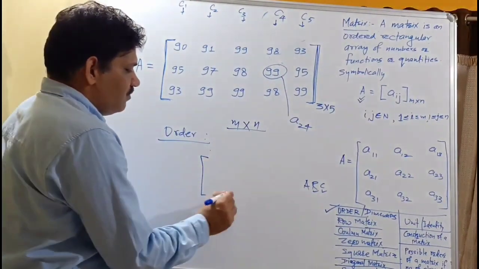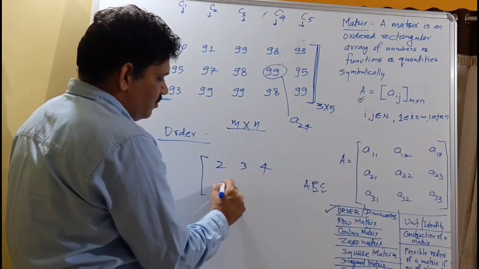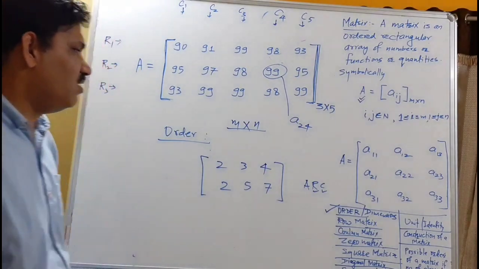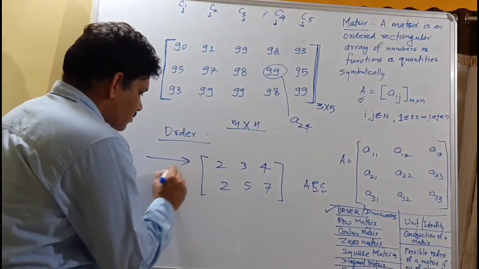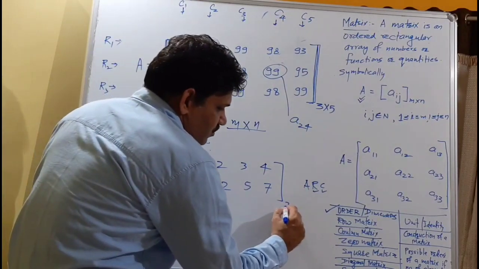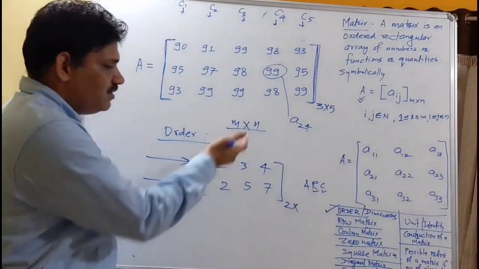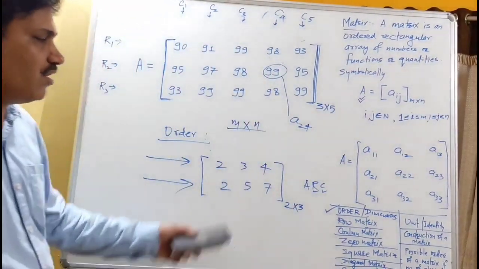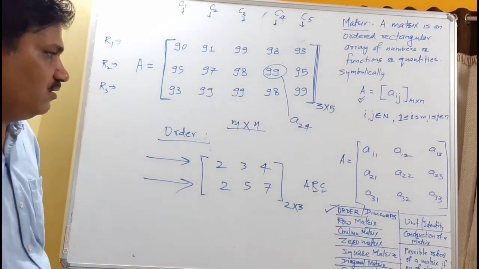Suppose we have a matrix 2, 3, 4, 2, 5, 7. Now if I try to find the order of this matrix, since it has 2 rows, horizontal are rows, and how many columns can you see? Obviously 3 columns. So its order is 2 by 3.